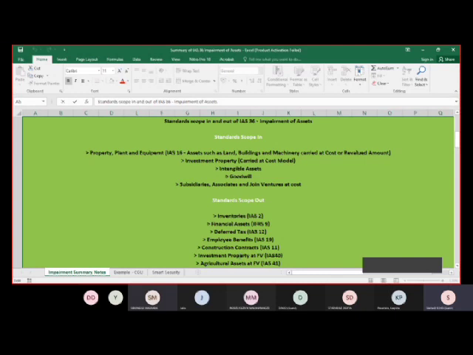They're just going to be silent. If you impair everything, even the investment property at fair value, you would have the principle incorrect, because investment property is scoped out of IAS 36. So you shouldn't impair it.